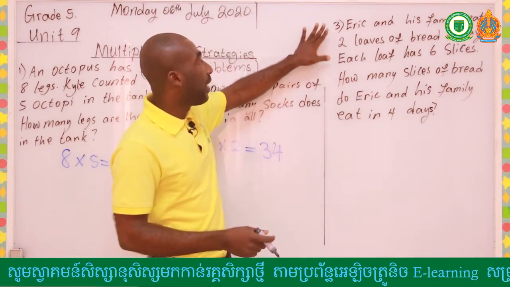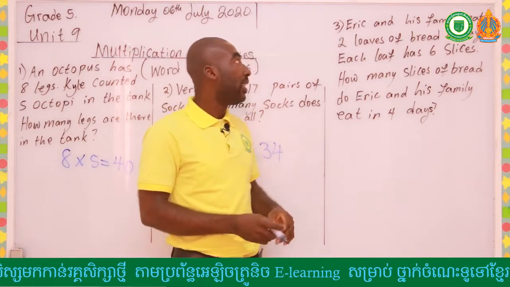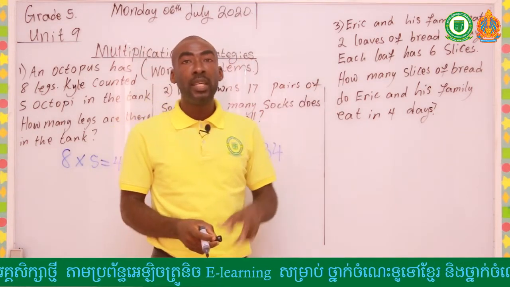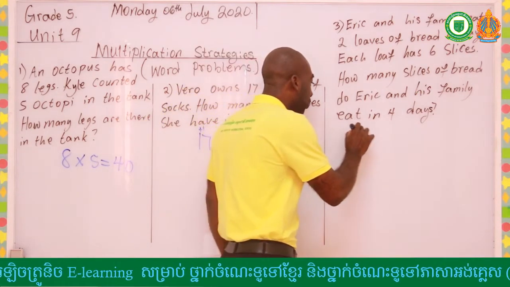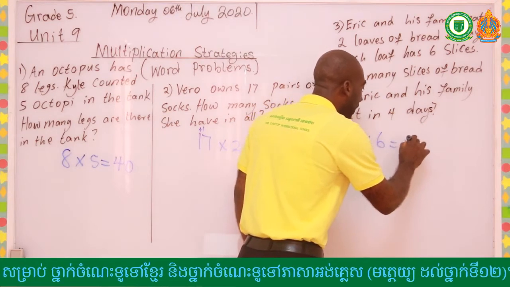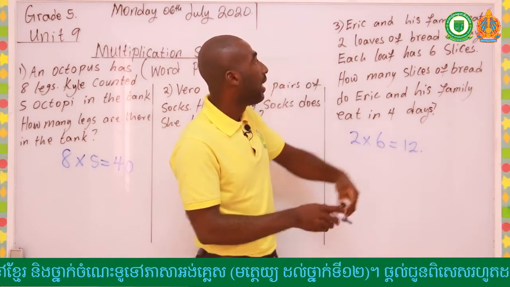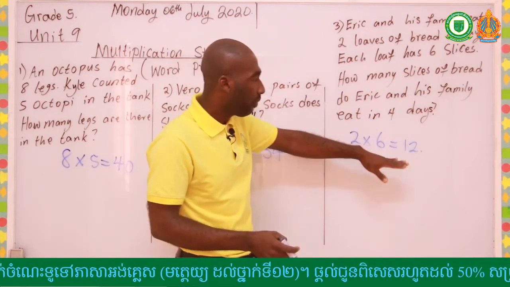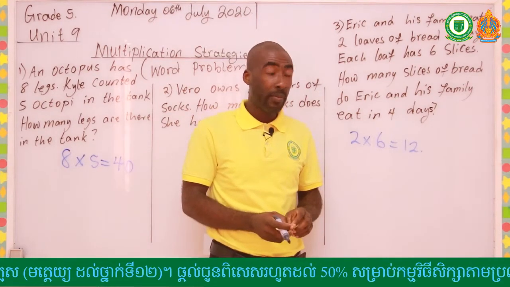So the first thing that we have to do is that we have to know how many slices we're going to get in 2 loaves, okay? So we'll multiply our 2 loaves by 6 slices, and that will give us 12. So which means this 12 is the number of slices in 2 loaves, okay?